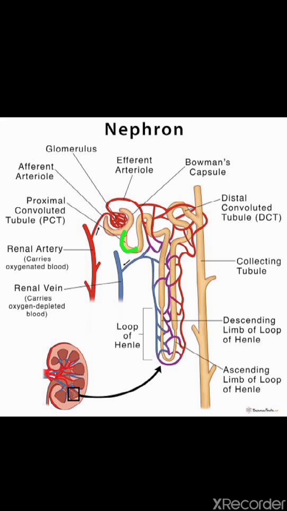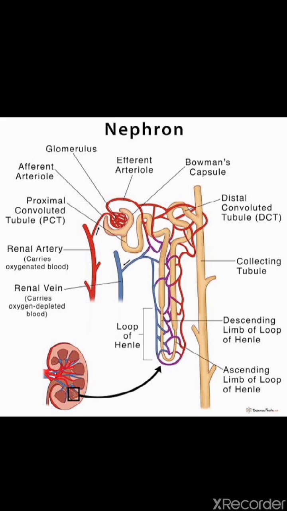Both the Bowman's capsules and the proximal convoluted part lie in the cortex region of the kidney, which gives a dotted appearance in sectional view. When we see the sectional view of kidney, we can see the dotted area in which both Bowman's capsule and the proximal convoluted part lie.